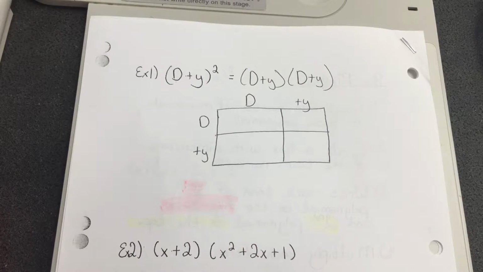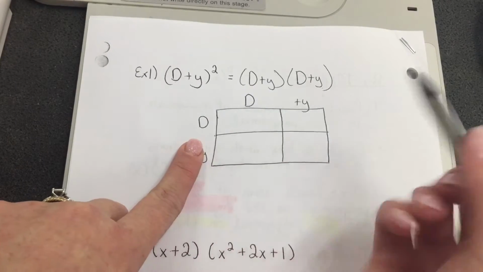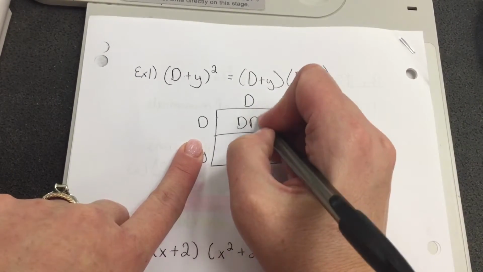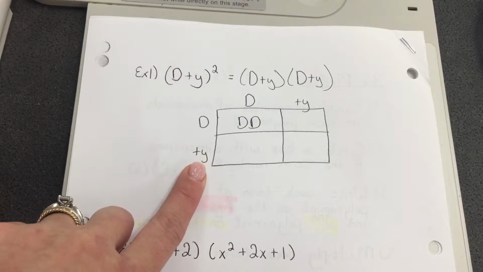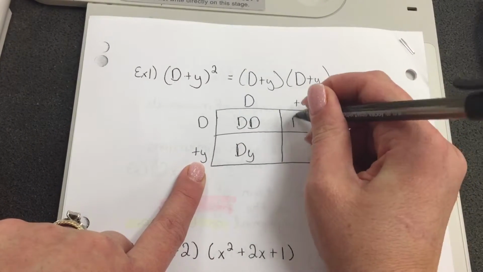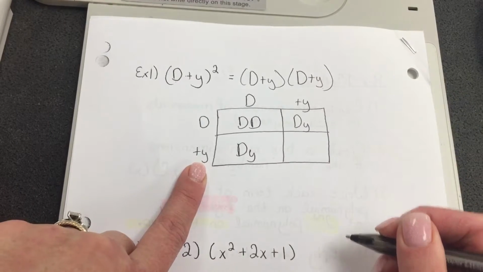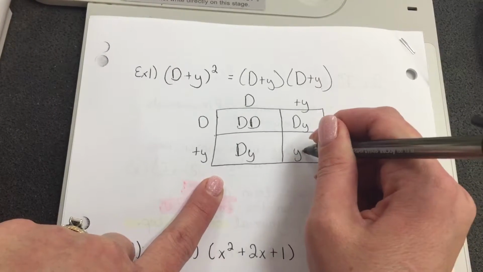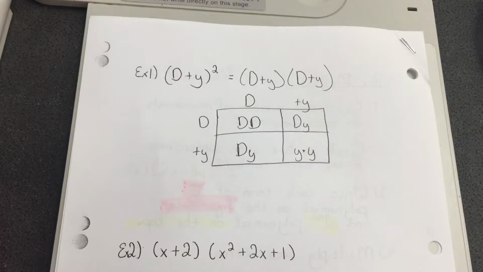Now I'm going to do it like you would in science, and then we're going to turn it into the math equation, okay? If you have a capital D times a capital D, you have capital D times capital D. And then you have a capital D and a little y, and a capital D and a little y. And then you have y times y, or yy.